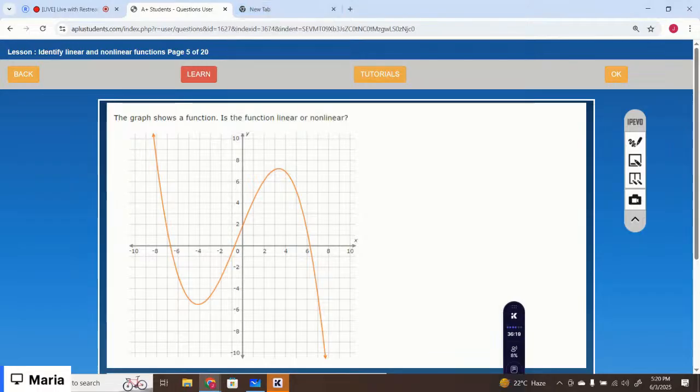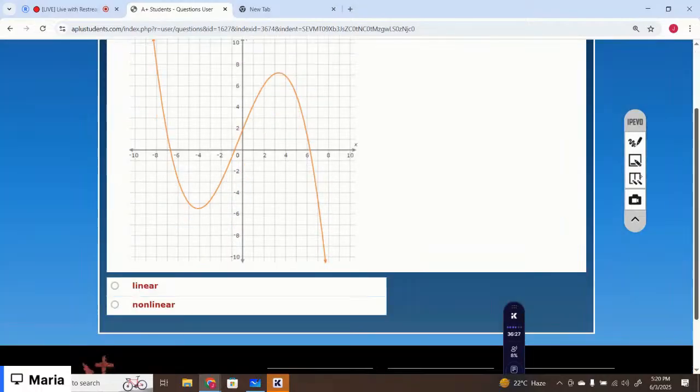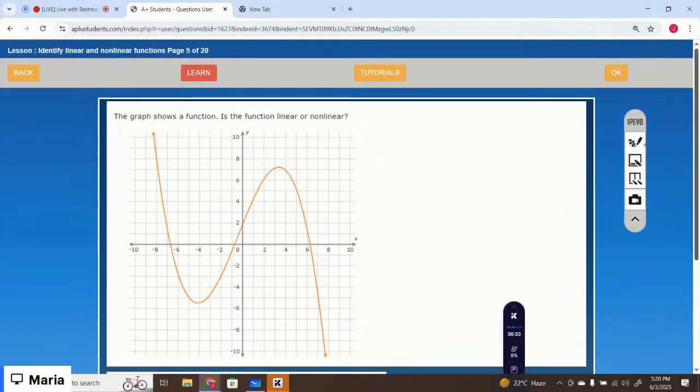The graph shows a function. Is the function linear or nonlinear? This is a nonlinear function. Option number two is the correct option.